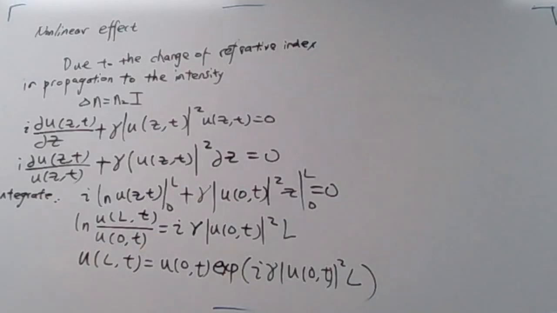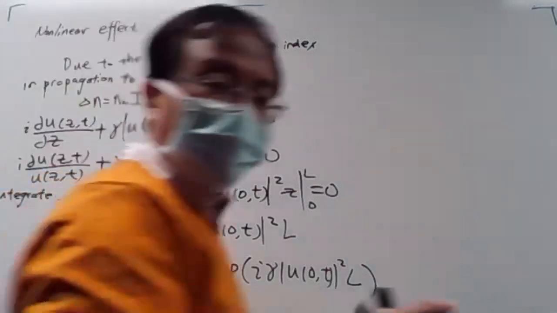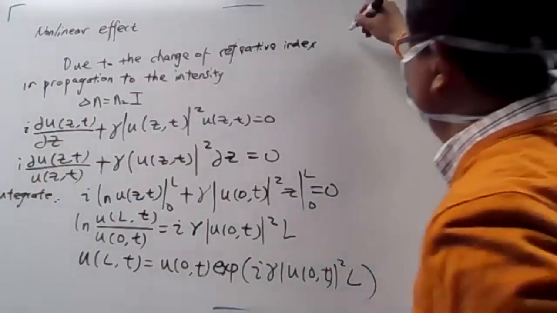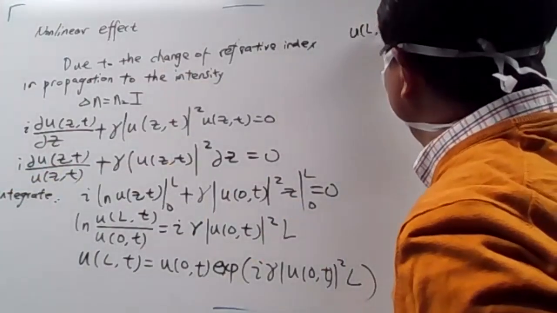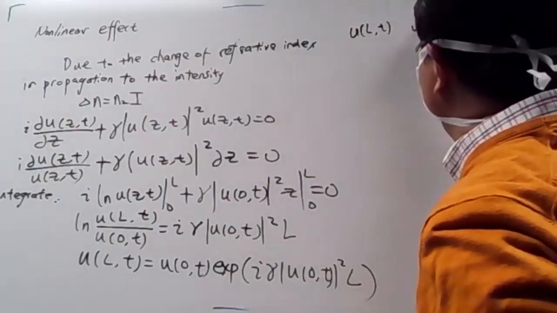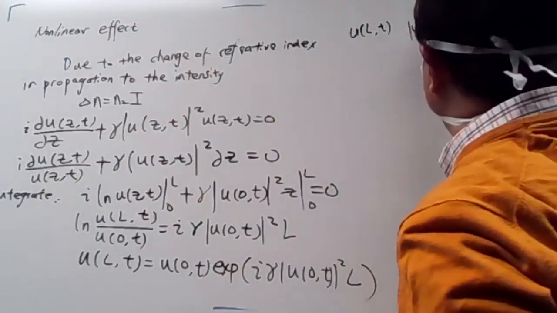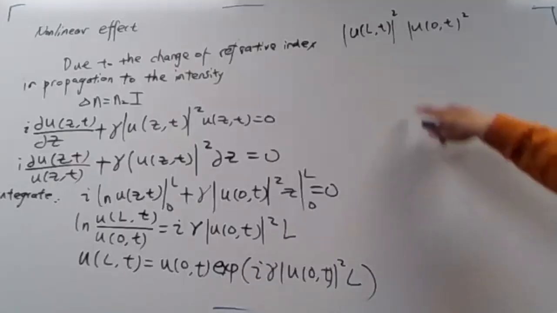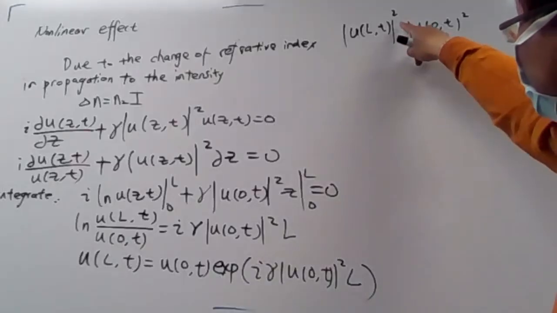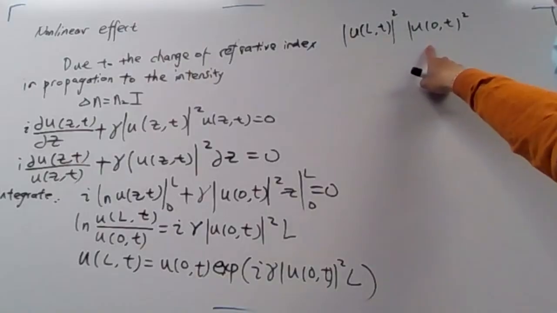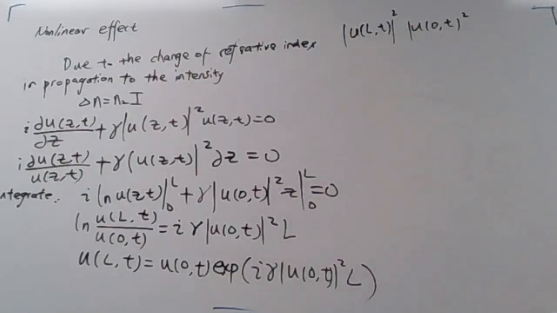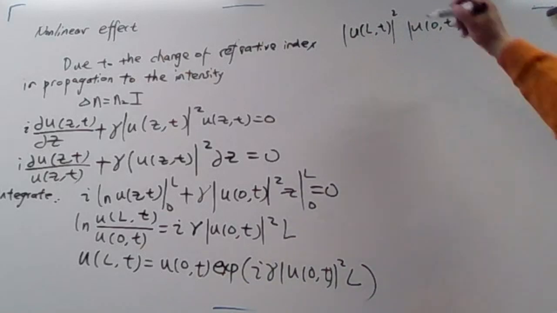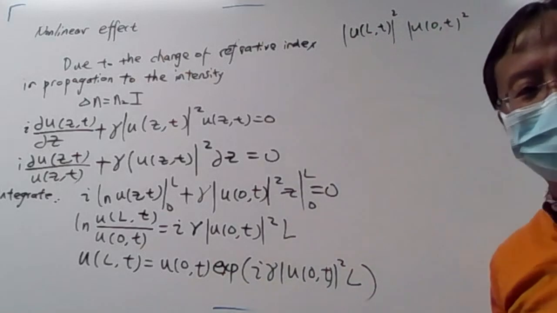Okay, now let's look at this. If we take an absolute value squared of u(L,t) and u(0,t), what happens? Can you tell me the relationship between u(L,t) and u(0,t)? Which one is bigger or smaller?